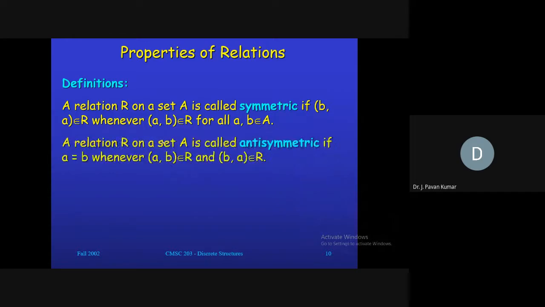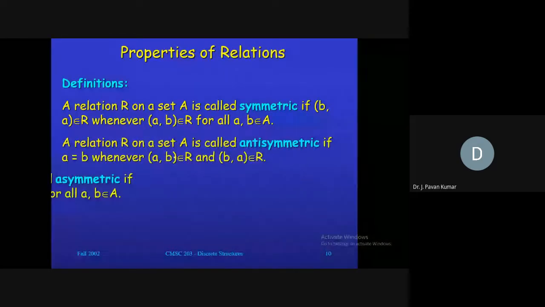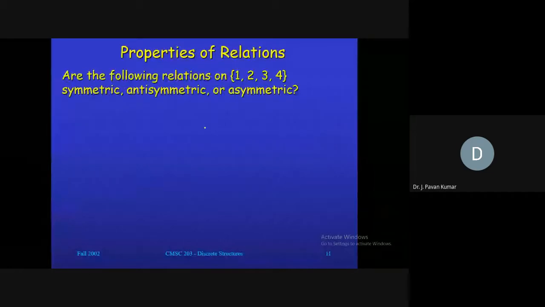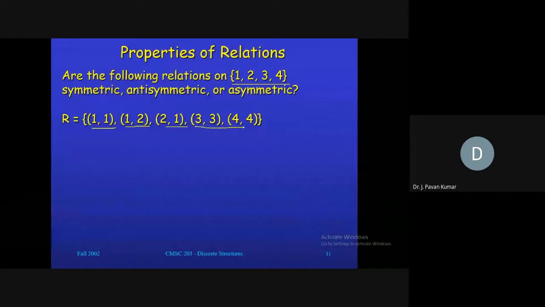Yes. Let us see the example. 1, 2, 3, 4 is the set. Now, first one: (1, 1), (1, 2), (2, 1), (3, 3), (4, 4). Now, if you consider (1, 1), the reverse is also the same, right? So you need not consider these kinds of pairs. Why?